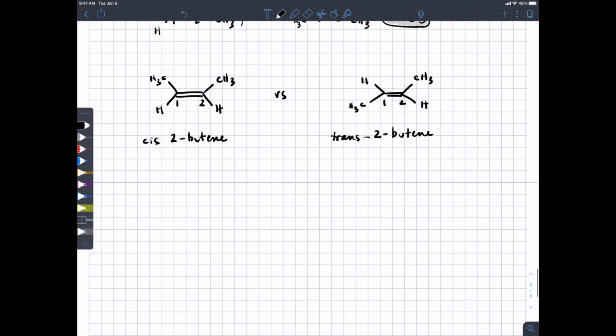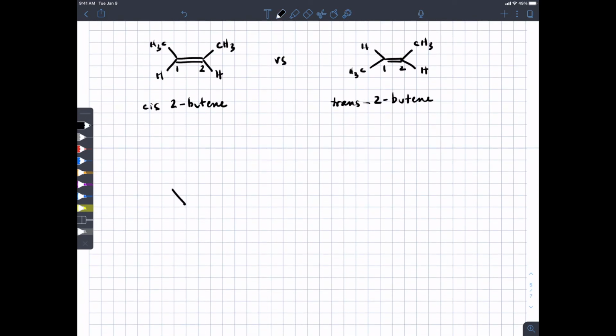So all we have to do to make this a little bit more complicated is to add another couple of carbons to carbon 1. Okay, carbon 1, carbon 2. All right, now what do we do?